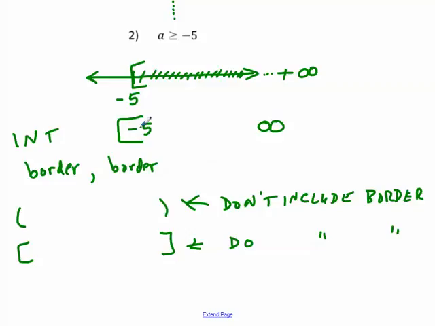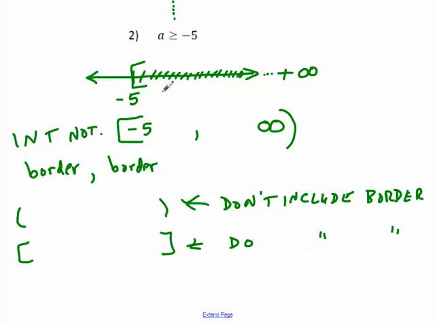Infinity, can A equal infinity? Not usually. Buzz Lightyear can get to infinity. We can't. So for negative infinity or positive infinity, we always put a rounded bracket because we can never get there. And then a comma between them. And there's our interval notation.